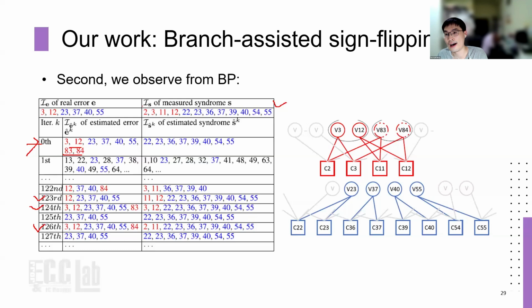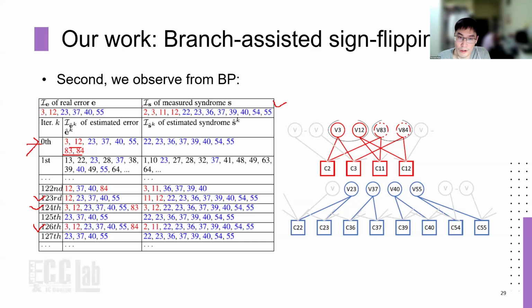So there are two cores of our algorithm. One, we want to decode from the syndrome that is closest to the measured syndrome. And second, from the previous analysis, we know that BP converges much more easily if the error weight is lower.